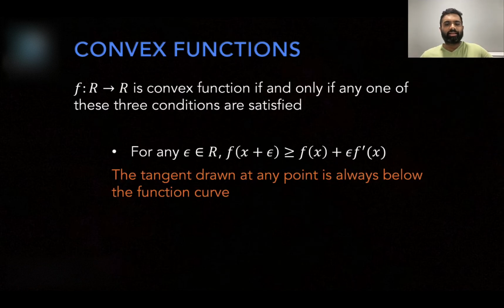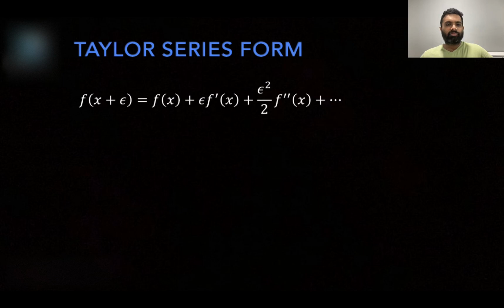It is saying that the tangent drawn at any point is always below the function curve, and that's the second property. Now if you form a Taylor series formulation of a function f at the point x plus epsilon, you will get multiple terms. The first term is f of x, the second term is epsilon times f prime x, the third term is epsilon square by 2 times f double prime x.